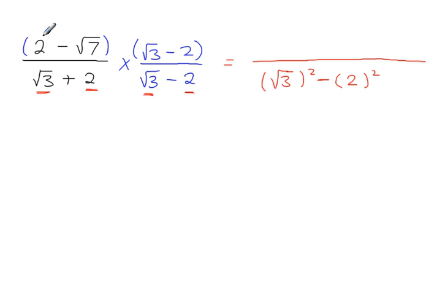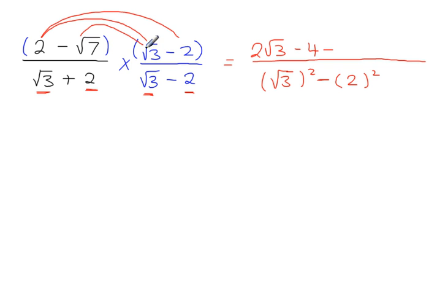this is more complicated. You need to multiply 2 minus root 7 by root 3 minus 2. So we multiply every term with every other term. 2 times root 3, 2 root 3, 2 times minus 2, minus 4, minus root 7 times root 3. That's a negative number multiplied by a positive number, so you will get a negative value here.